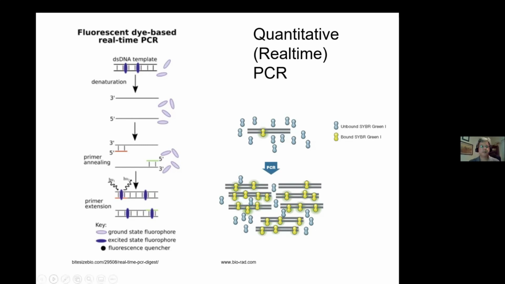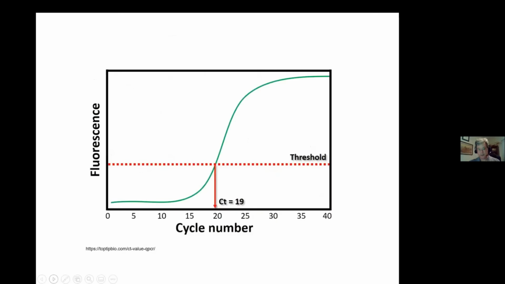All right, so that gives you this. So when you put it in the instrument, it comes up on a display. The instrument's just detecting the fluorescence. And there's a lot of considerations that go into what your threshold is. That would be a talk for another time. But you can see you start with a few copies of DNA, a few pieces of DNA, and the signal's really low.